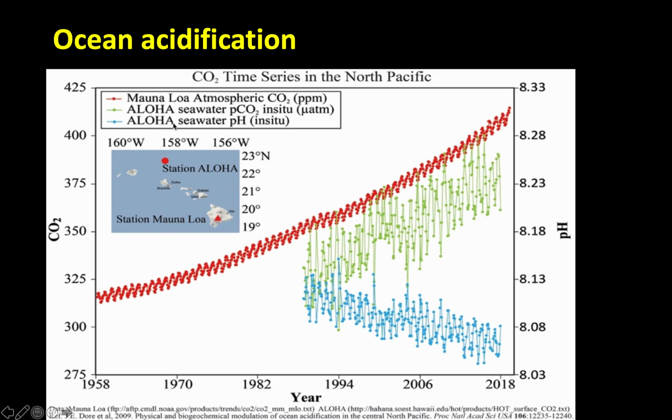The blue line there is Aloha seawater pH. So we can see that the pH is decreasing over time because of the increase in CO2. So we added CO2, which caused a decrease in the pH. Now we'll notice that the pH is actually basic, so the pH is above 7, but because the pH is decreasing, we still call that acidification.